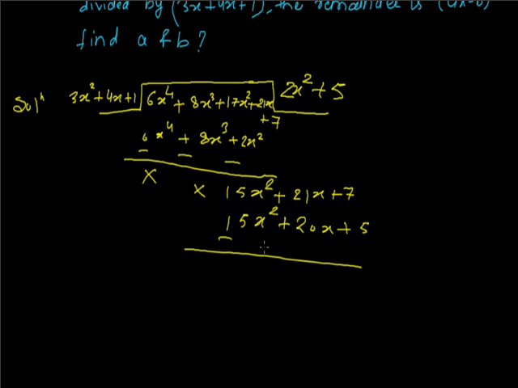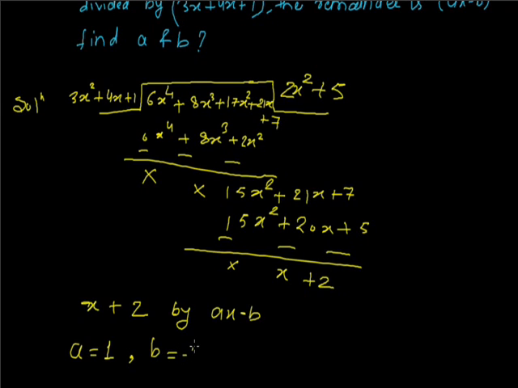Now changing the sign, this value cancels out. Here comes x plus 2. So compare x plus 2 with ax minus b. The value of a is equal to 1 and b is equal to minus 2. That is the answer.